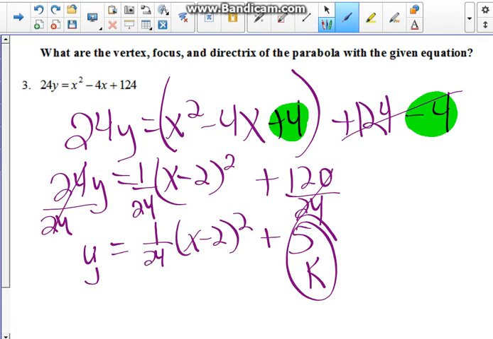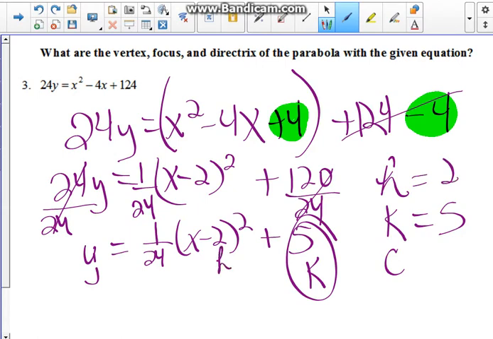So we need to get our h, our k, and our c. So we know that k is equal to 5, and it's going to be x minus h. So my h is equal to 2. So that's my h right there.